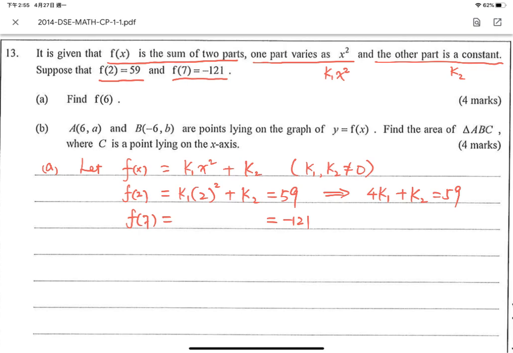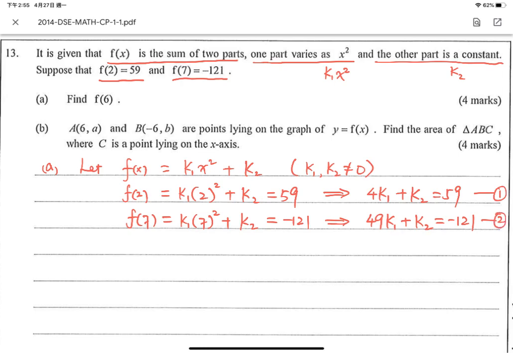So f(7) just means that you substitute x equal to 7, which is k1 times 7 to the power 2 plus k2, giving you negative 121. We can simplify it as 7 to the power 2, which is 49 times k1 plus k2, equal to negative 121. We call this equation 1, this equation 2.